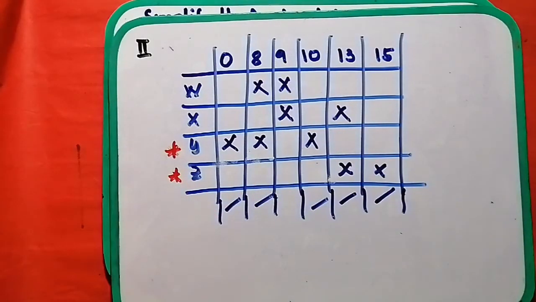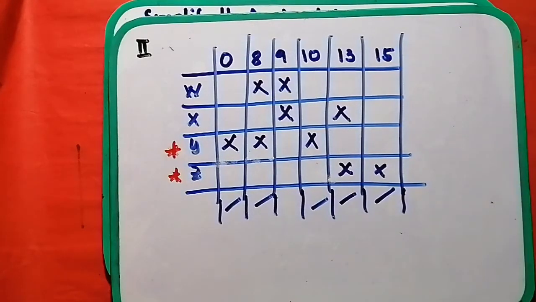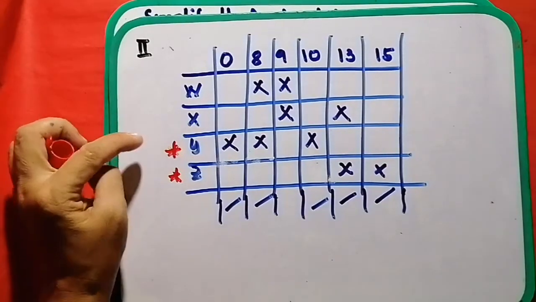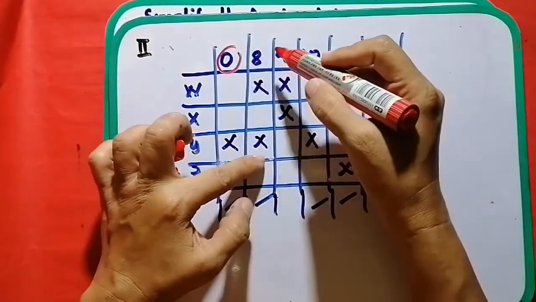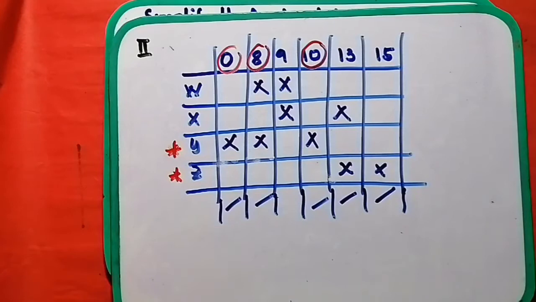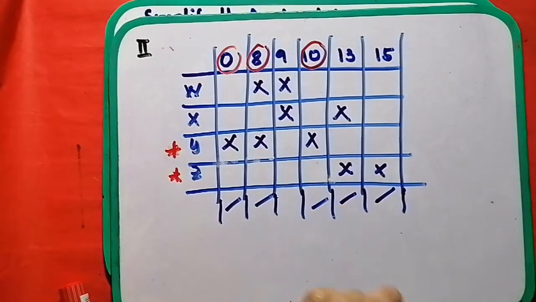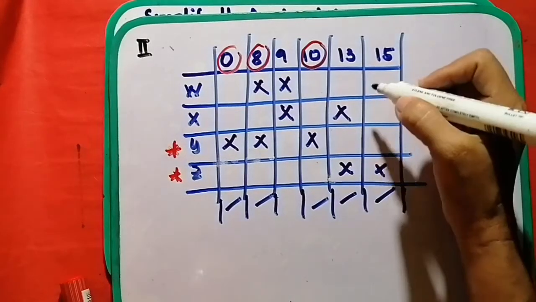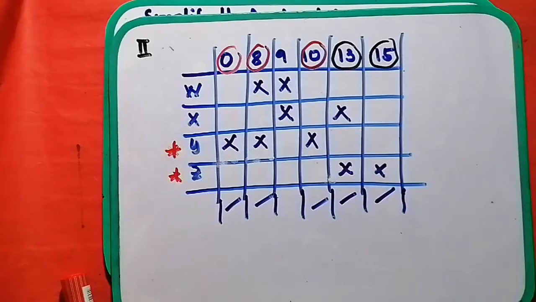Okay, then next, we check if all these ones are already grouped or taken by simply encircling the number. For Y, it covers 0, 8, and 10. For Z, it covers 13 and 15.